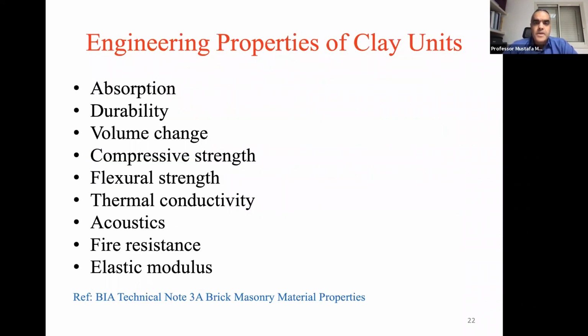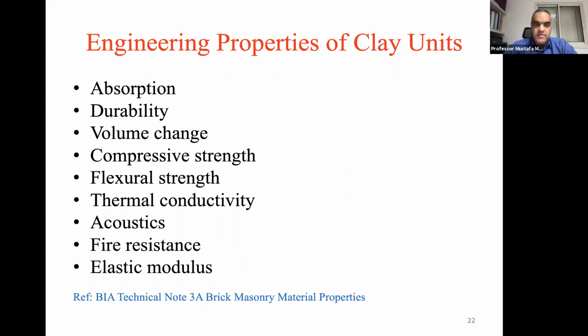Okay. Now, engineered properties of clay units. Clay units have a lot of engineering properties such as absorption, durability, volume change, compressive strength, flexural strength, thermal conductivity, acoustics, fire resistance, and elastic modulus. Those are in Tech Note 3A of the BIA.